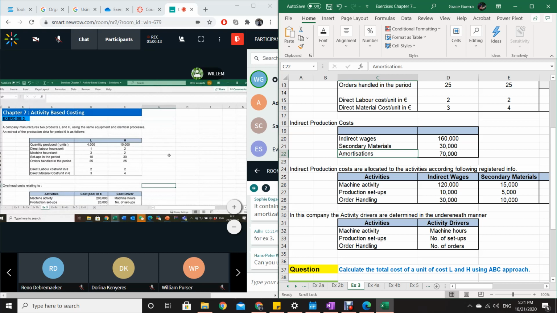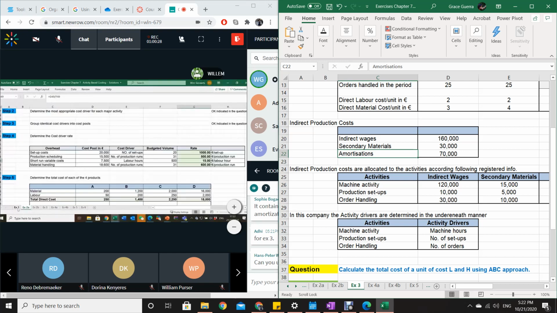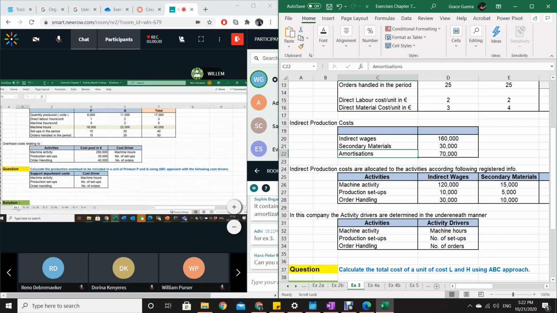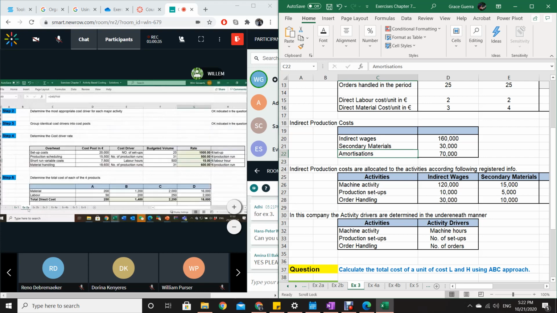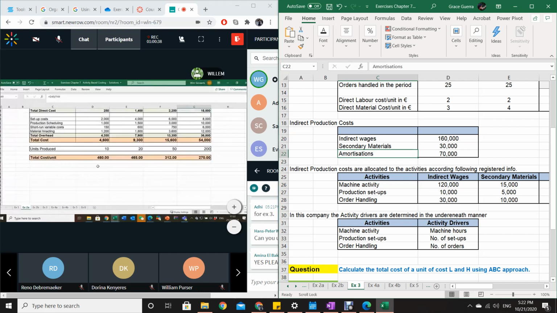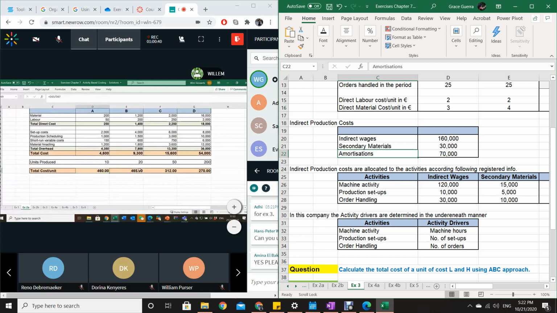It's really key. Everybody should end up with a real final result like we see here on exercise 1, that your product A costs 460, 465, 312, and 270. So you should come really to these correct figures.